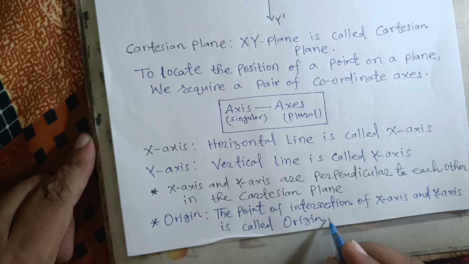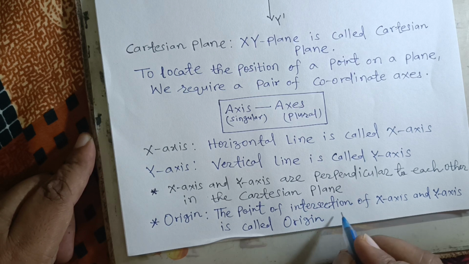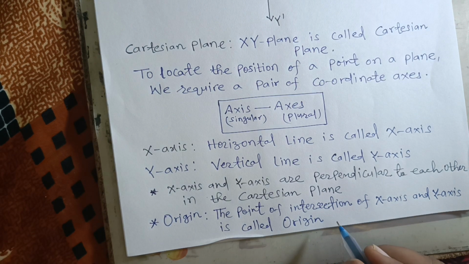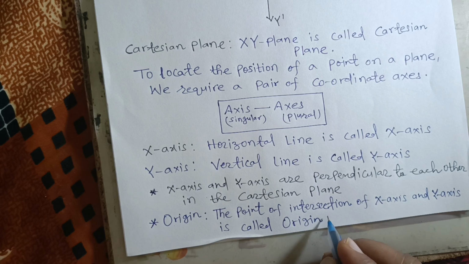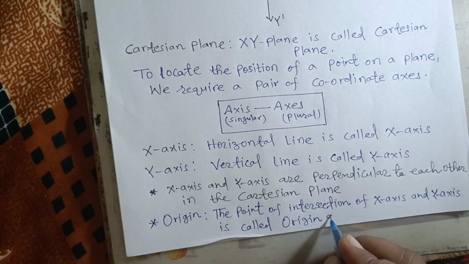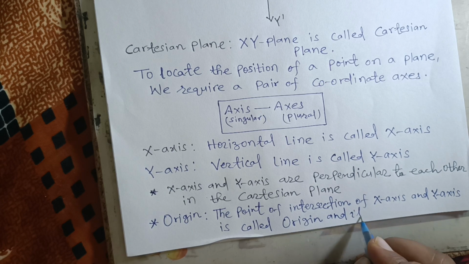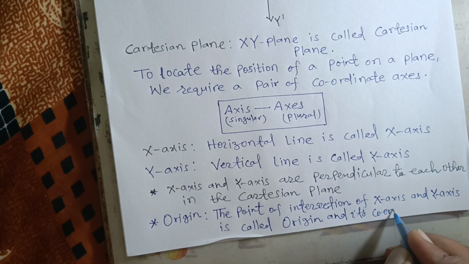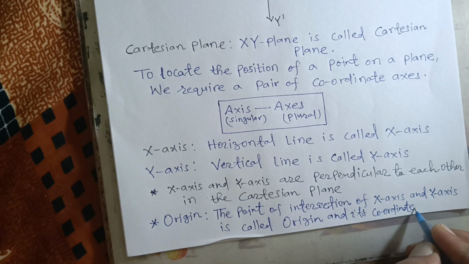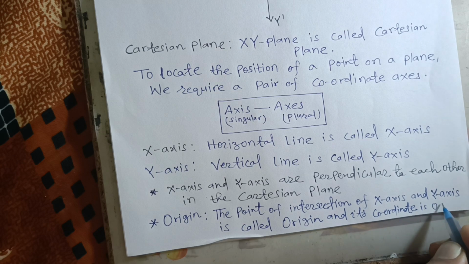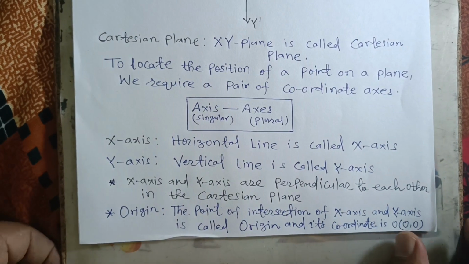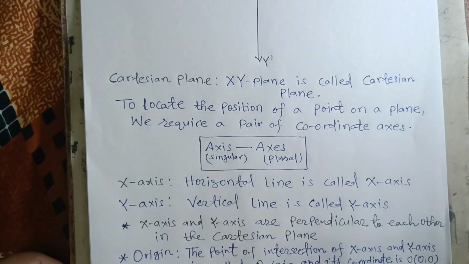Origin means starting point, the point where we start measuring, like 0, 0. Starting point is 0, 0 and its coordinate is 0 comma 0.